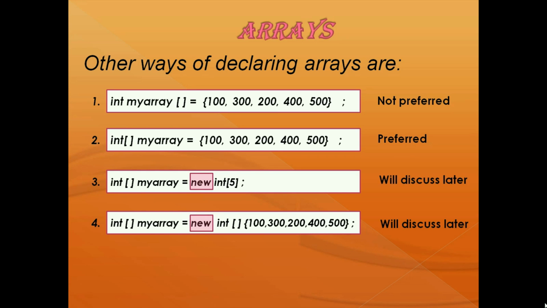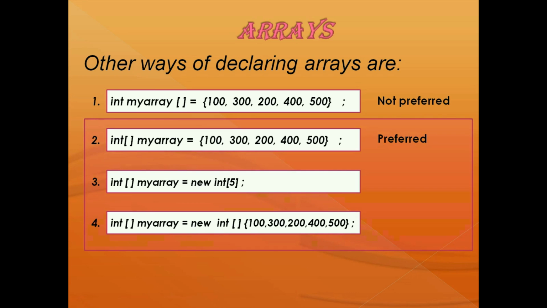We will learn this when we know how to use classes and objects. I just want to show you these declarations are also possible. The most used ways of declaring an array are these three.